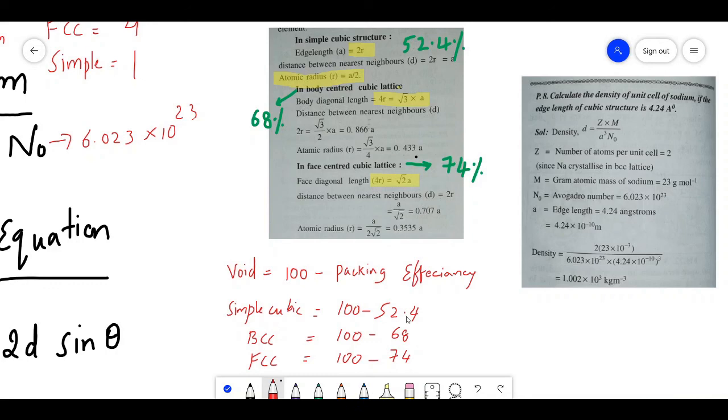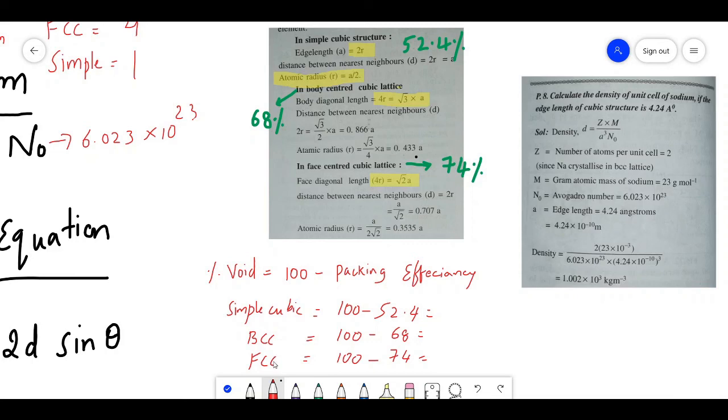So if you calculate this, you get the percentage void. So in the question, he may ask the packing efficiency, or he may also ask the percentage void of a simple cube, body centered cubic and a face centered cubic. So these are all some important problems in the solid state.